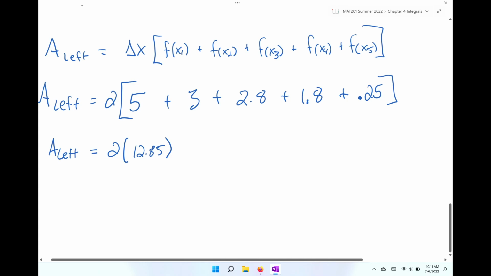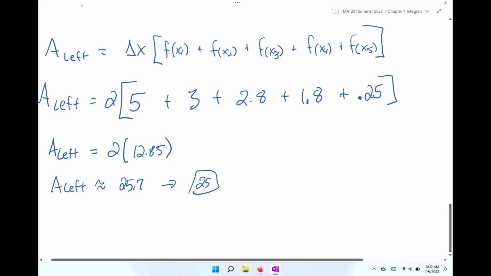And when you take 2 times 12.85, you get approximately 25.7. And I'm going to actually round this down because since I know it's an over approximation, I'm just going to call it 25.